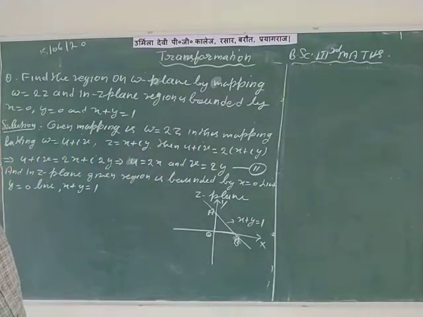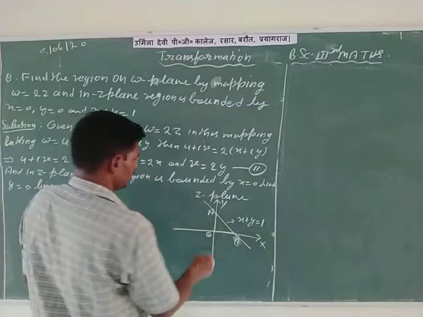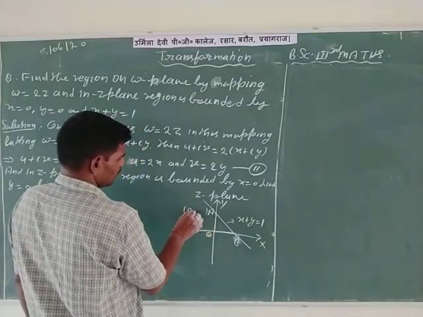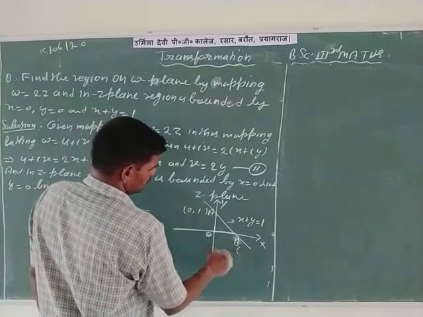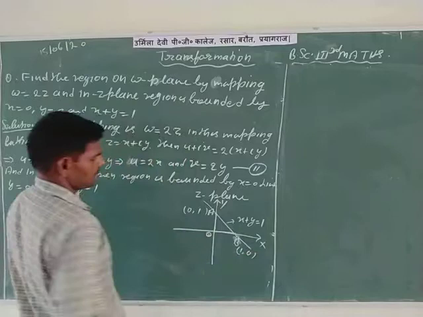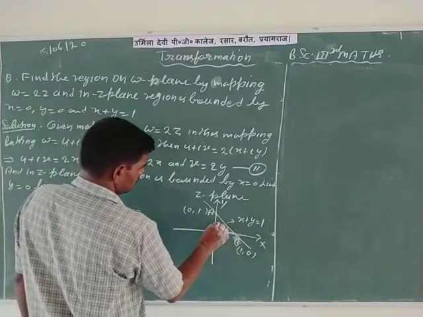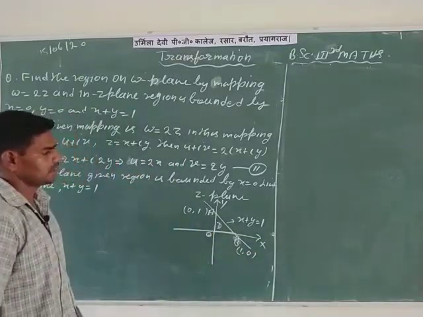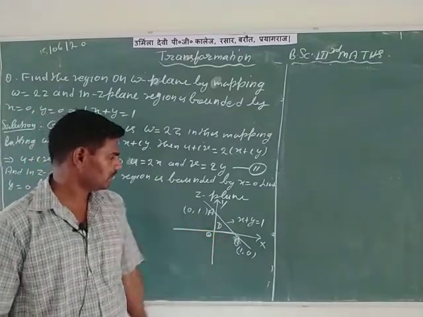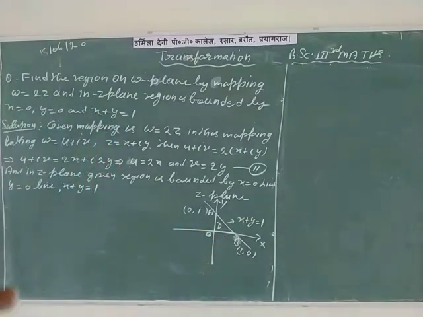From the figure, it is clear that the coordinates of point A are x is equal to 0 and y is equal to 1, and of point B are x is equal to 1 and y is equal to 0. This area is denoted by capital D, the domain in the Z plane. Now complete the table on the Z plane.